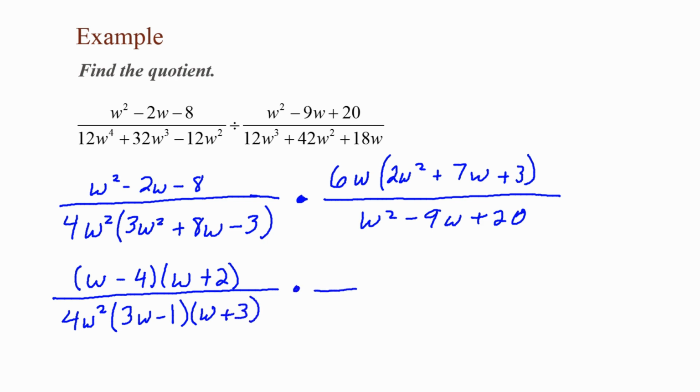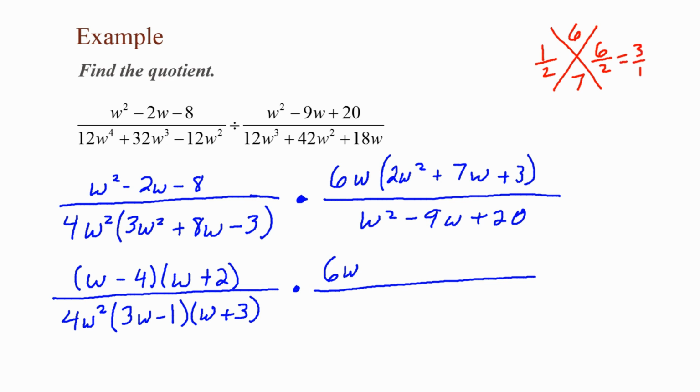And that's going to be times, I bring down the 6w. Now I need to factor 2w squared plus 7w plus 3. 2 times 3 is 6. I need two numbers that multiply to be 6 but add to be 7. If I use 6 and 1, 6 times 1 is 6, 6 plus 1 is 7, and 6 over 2 reduces to 3 over 1.